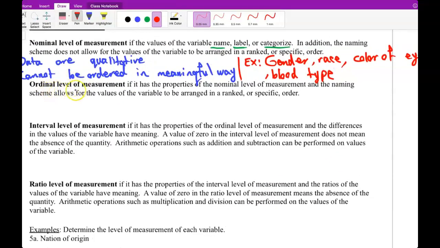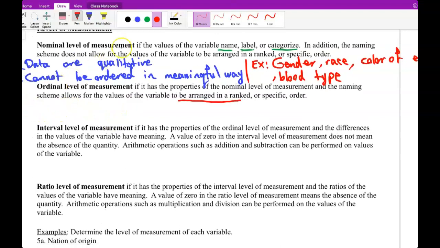Okay, next one is ordinal level of measurement. It has the properties of nominal level of measurement and here we can arrange them. So on top I said cannot be ordered, but here we can order.